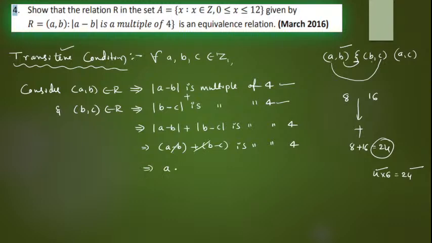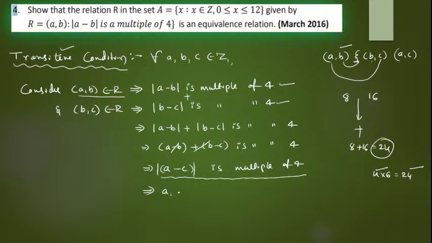Remaining will be what? A minus C. Clear? So A minus C is a multiple of 4. So modulus of A minus C is a multiple of 4. This implies, read the statement in reverse. If A minus B is a multiple of 4, then A comma B belongs to R. Here modulus of A minus C is a multiple of 4.